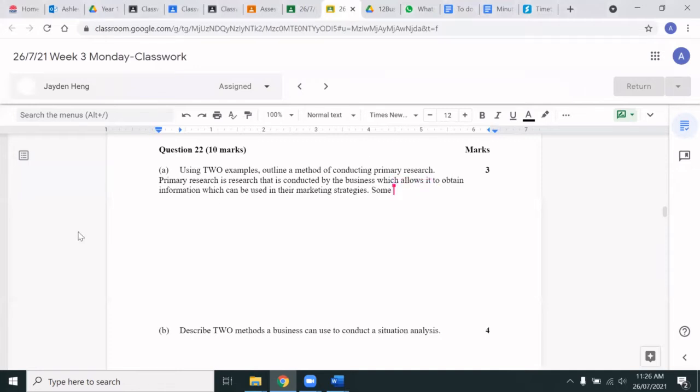Again, think about the mark allocation. In the HSC, think about the lines. I never want to see you writing less than the lines that are there unless it's an identifier.